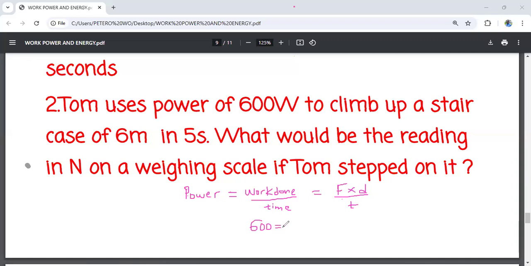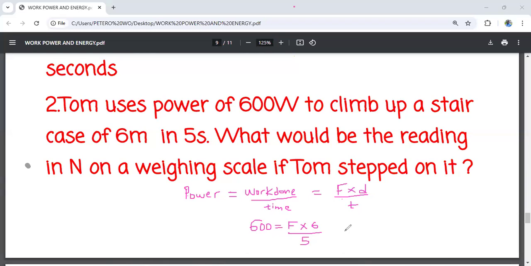Oh, we are looking for the force, sorry. They have given us the distance as 6 meters, and the time is 5 seconds.